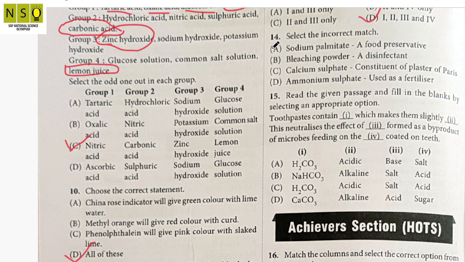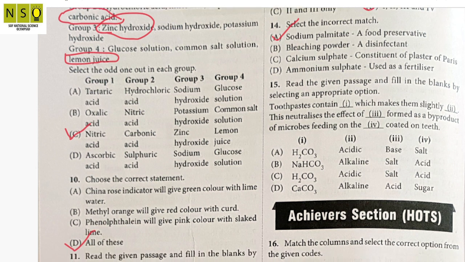So this option is incorrect. Let's see others also. Bleaching powder is a disinfectant. Yes. Sodium sulfate is constituent of plaster of Paris. Yes. Ammonium sulfate is used as fertilizer. Yes. So option A is the incorrect one.